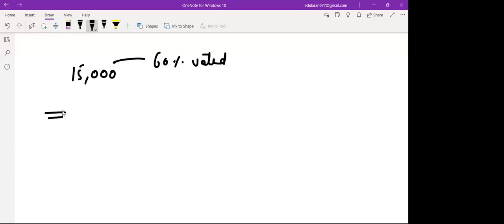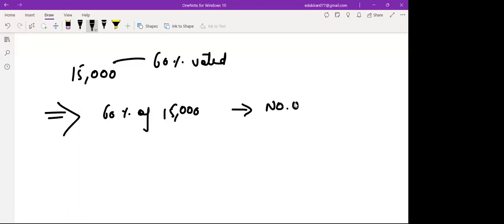So the first step would be 60% of 15,000. 60 divided by 100 into 15,000, right? So you will get basically how many people voted, in numbers. But we need to find a percentage. So from here you will get the number of people who voted.